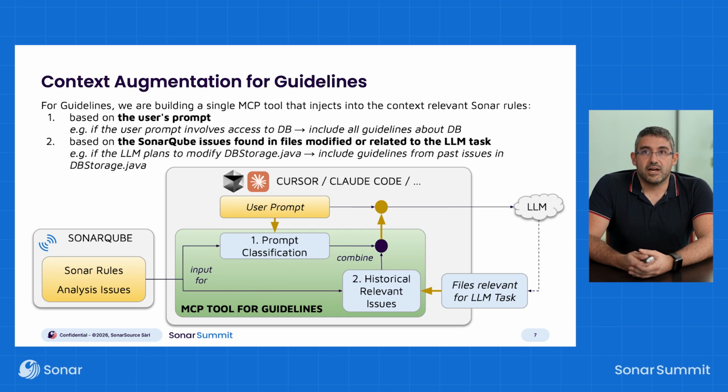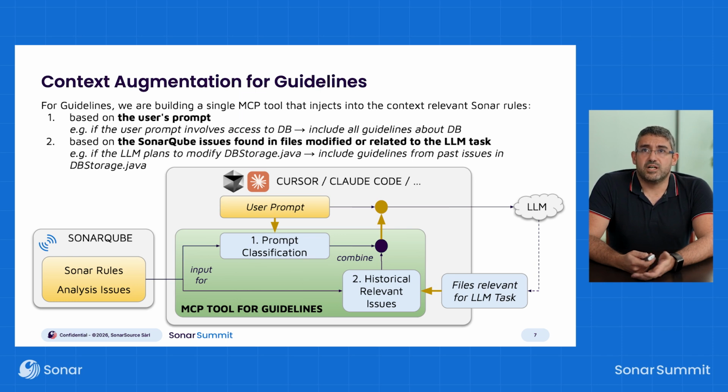We base our guidelines on the user prompt. So, for example, if the user asks the LLM to implement a task that involves access to the database, we include guidelines. So, rules about bugs, vulnerabilities, code smells about database.